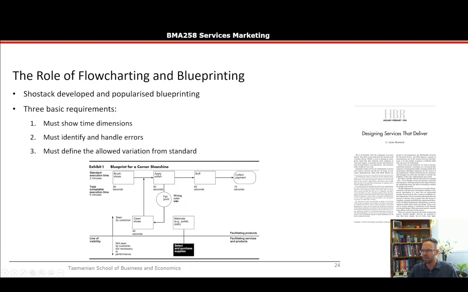First of all, you must show the time dimensions. Sometimes, in some services, they literally write down 2 minutes here, 30 seconds here, like we've got in here. That's a finely polished blueprint, and it's good to have, and hotels will do that, McDonald's will do that, and other time critical services will do that.